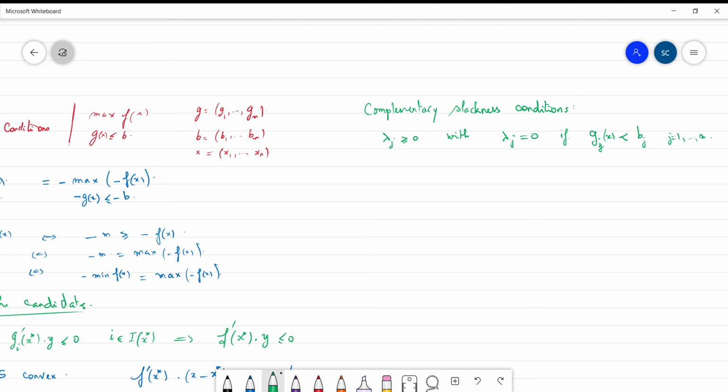Then the other step we will introduce is the Lagrangian, the function L of x and lambda. Okay, so it's f(x) minus lambda 1 times g1(x) minus b1, up to minus lambda m times gm(x) minus bm.